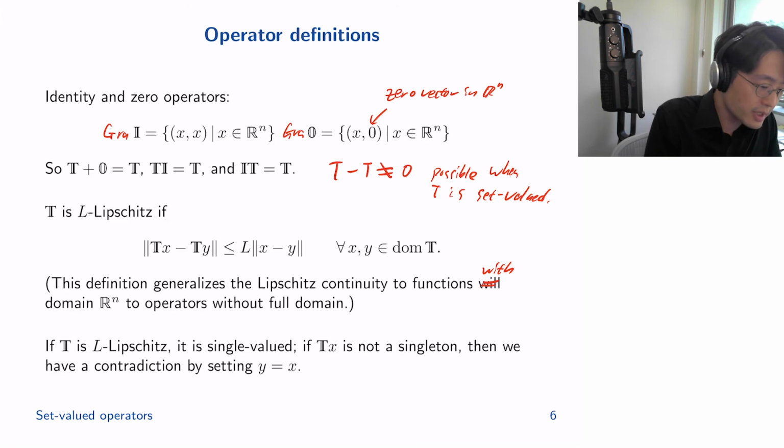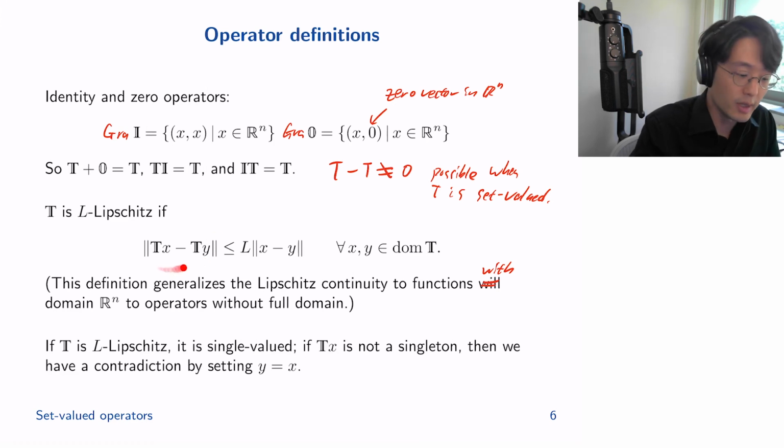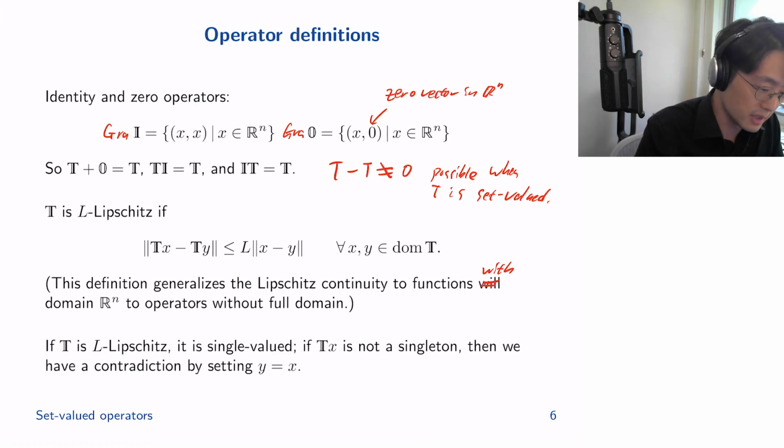Now, if the operator T is L-Lipschitz, a priori this is a set minus a set, and the norm, therefore, is a set minus a set and then norm.